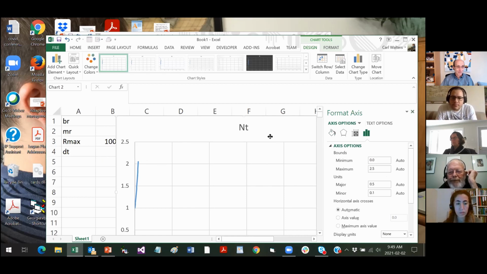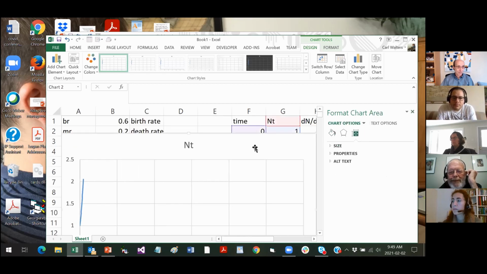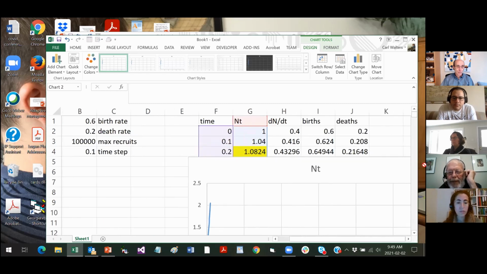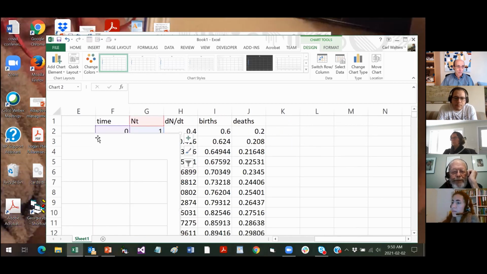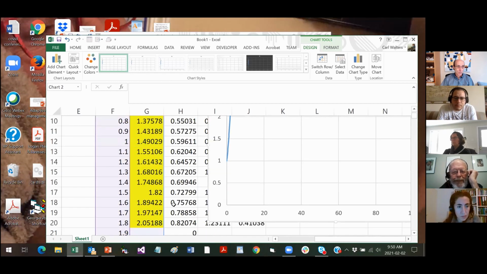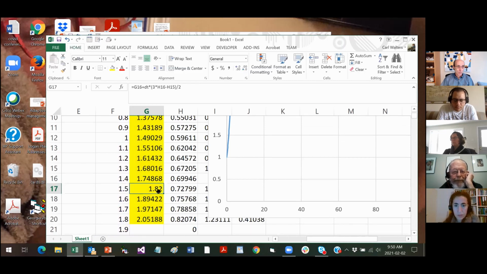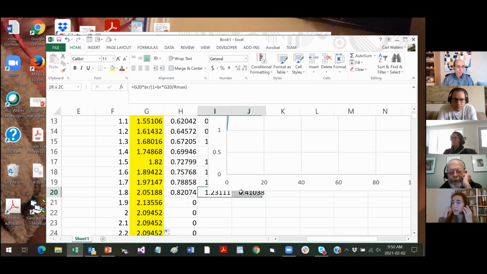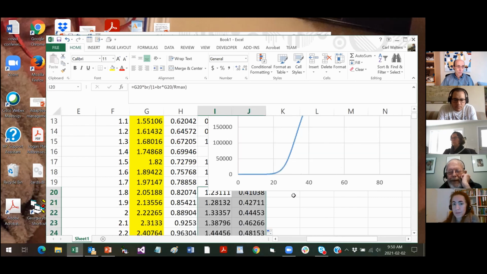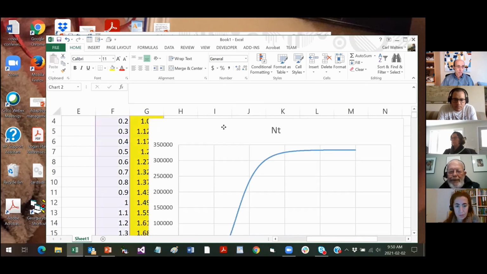I'm only plotting the first couple of time steps here, because it didn't autofill all the way. What it did was just autofill down the first little bit, and because I had a formula in there before, it didn't autofill the rest of the way. I need to autofill all the way down to my 1,000 steps.